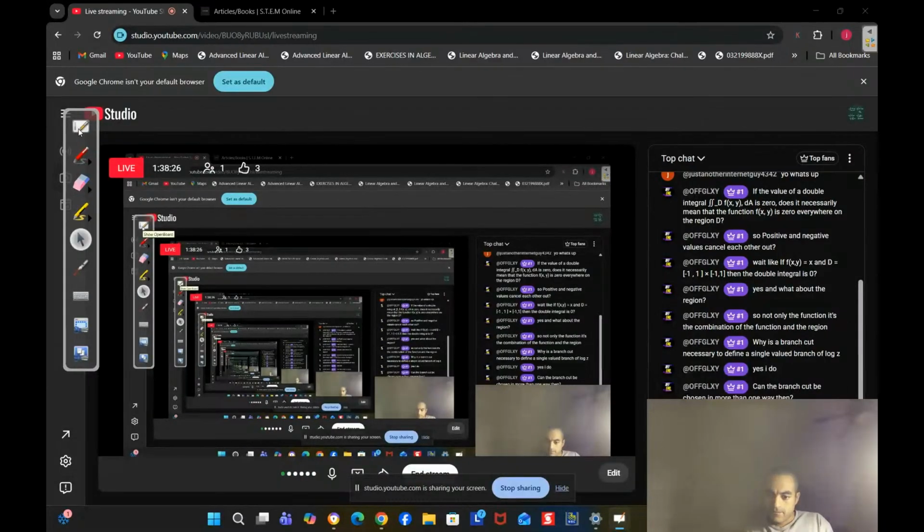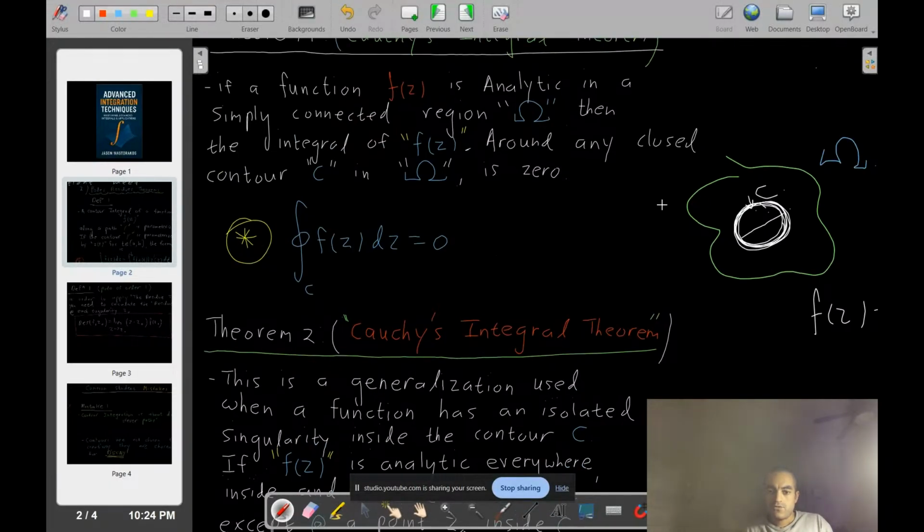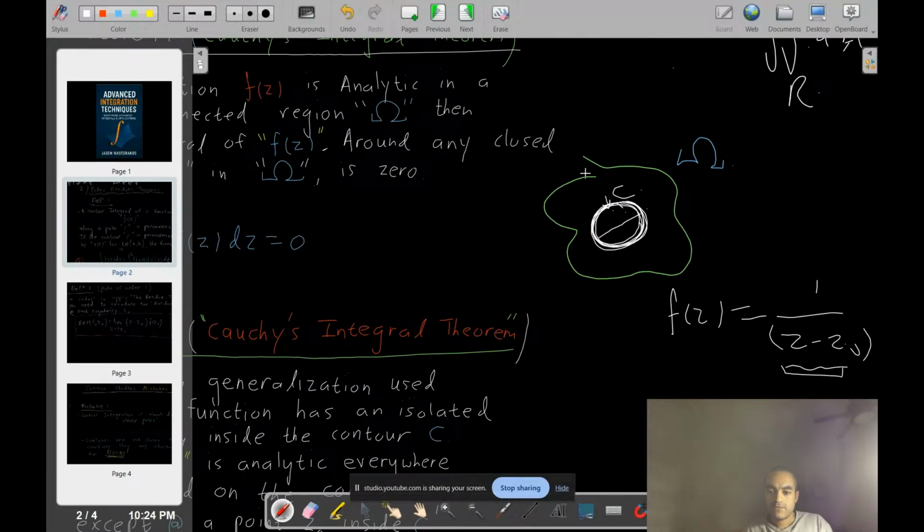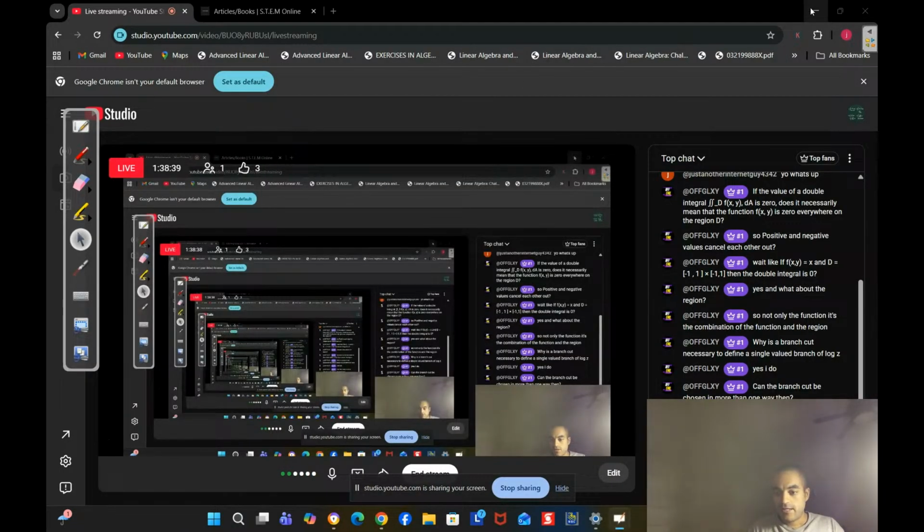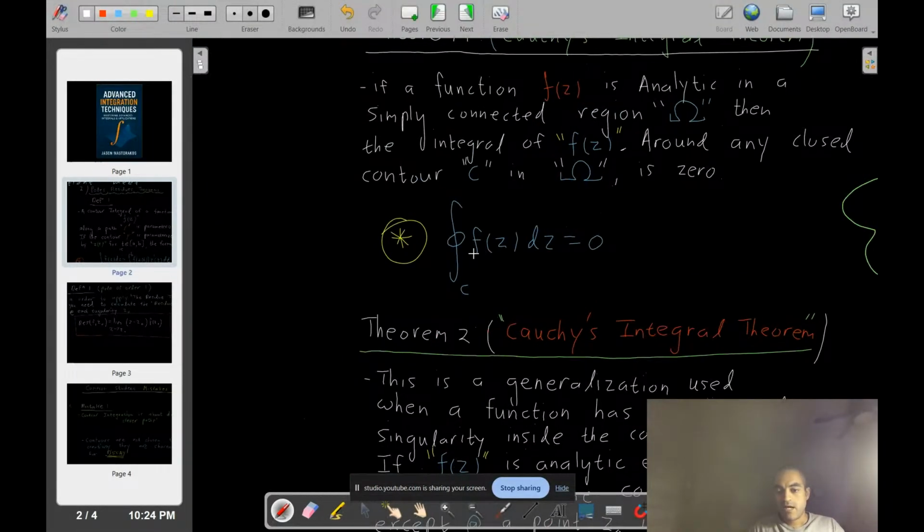If you look at the region omega, if the function is not analytic everywhere inside and on the closed contour, then this integral can't be 0.